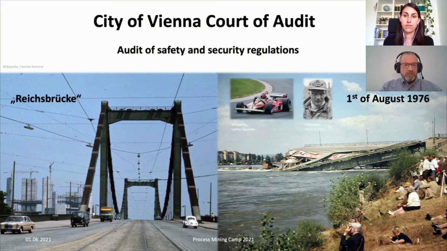It was a very remarkable day for this task, and there was also a second accident, involving a famous Austrian Formula One driver. So it's a very remarkable day for this audit task, which was founded in the Vienna Constitution.